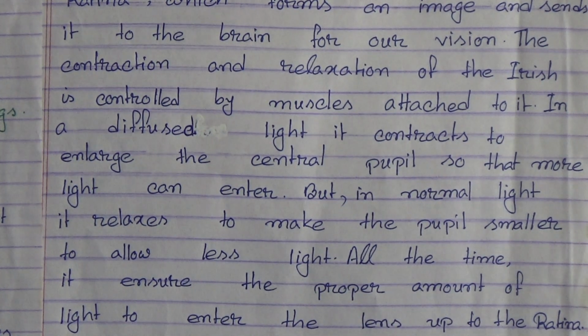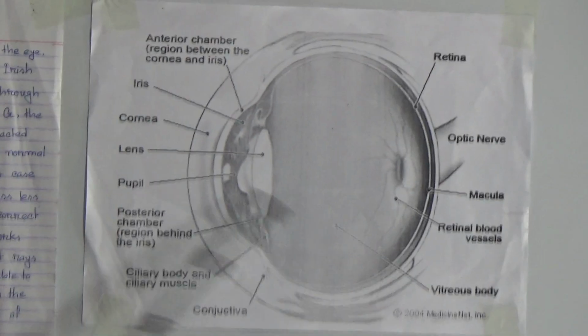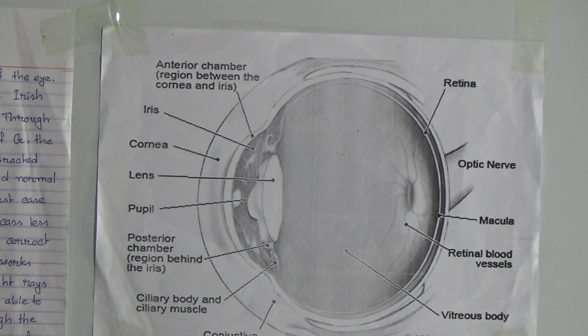So, by this part, light gets inside our eye, then goes to the retina. When the light is very bright, the pupil contracts and lets less light into our eyes, and when the light is normal, the pupil expands and helps light get inside our eyes and reach the retina.